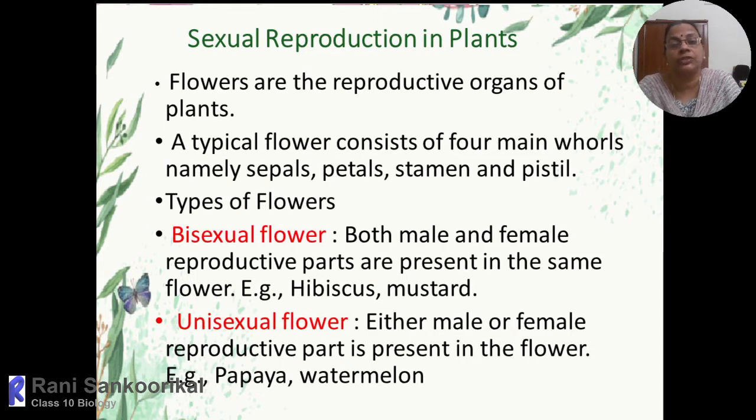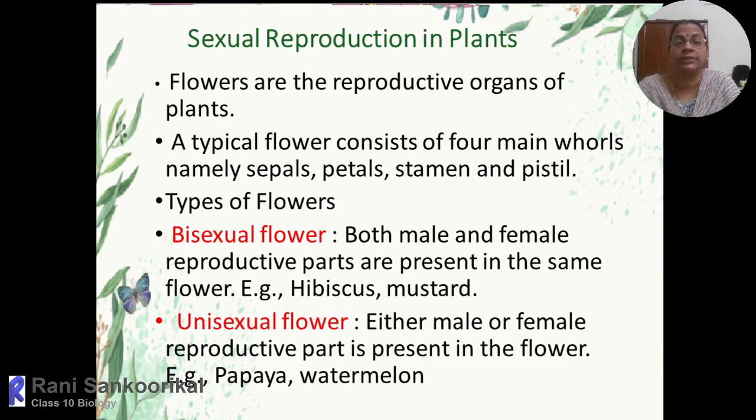When we say sexual reproduction in plants, the flower is acting as the reproductive organ of the plant. A typical flower consists of four main whorls: calyx, then petals or corolla, androecium, and gynoecium.